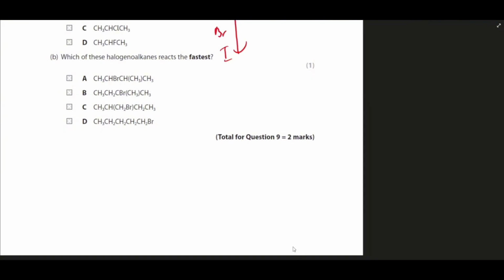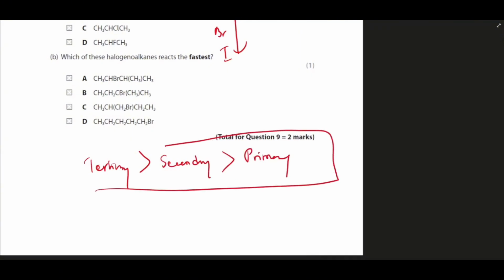As far as I remember, tertiary takes the fastest to react, then comes secondary, then comes primary halogenoalkane, right? So if that's the case, our answer won't be D, because it's a primary.